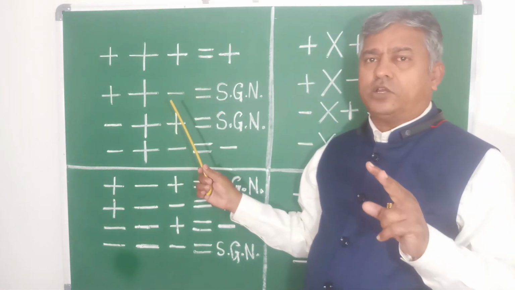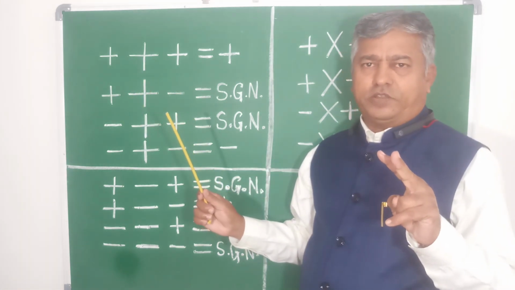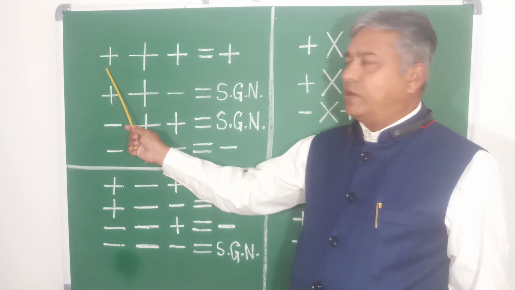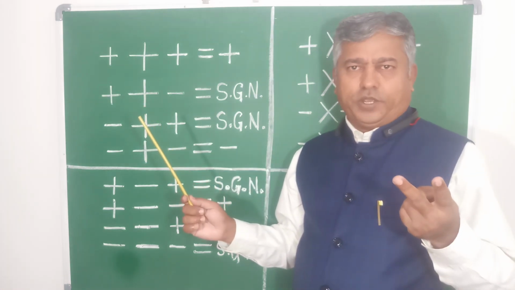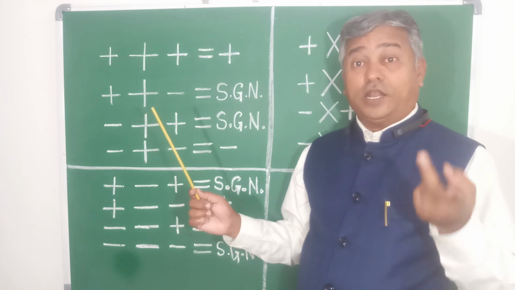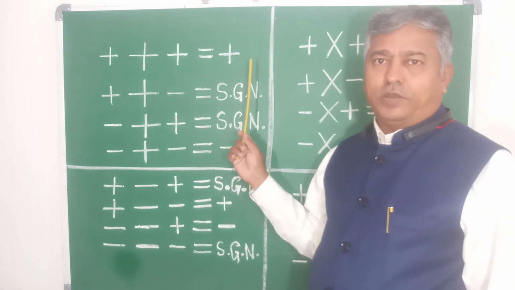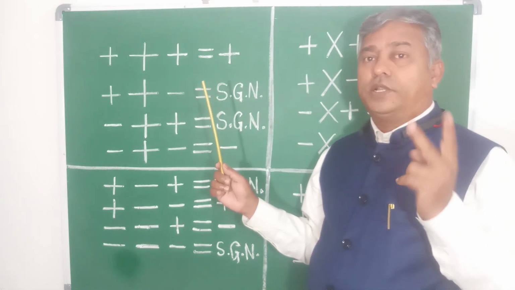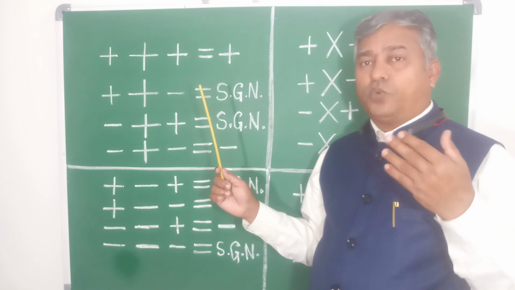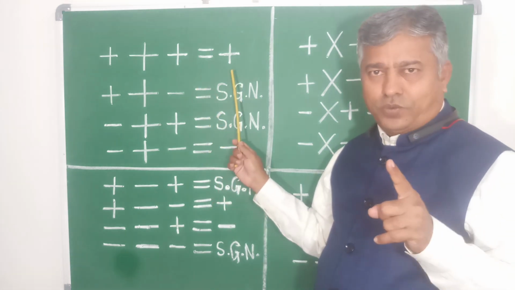When we add two positive numbers, means the numbers which are positive in sense, then their addition should be in a positive form. Means the addition of different positive numbers is always positive.